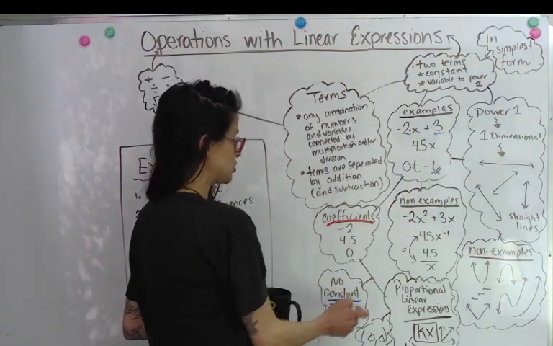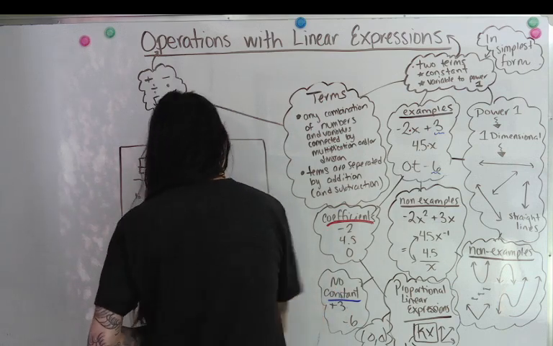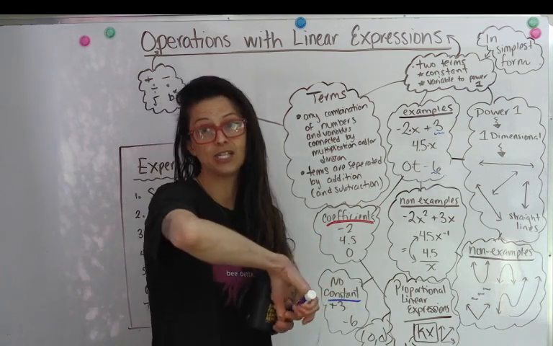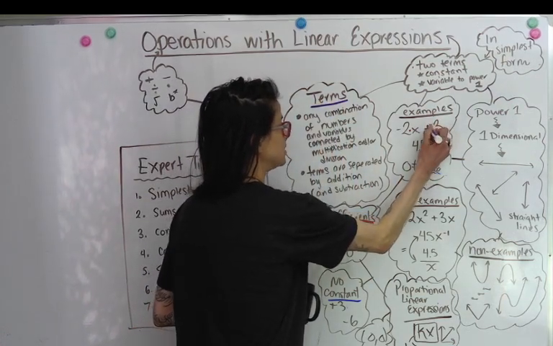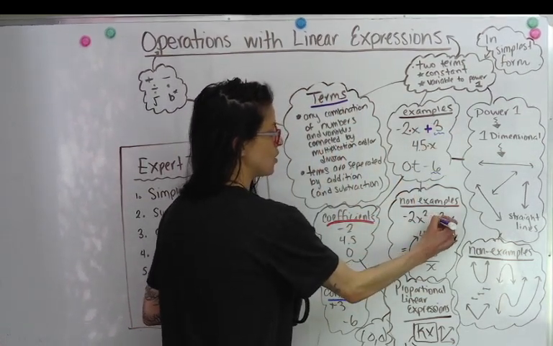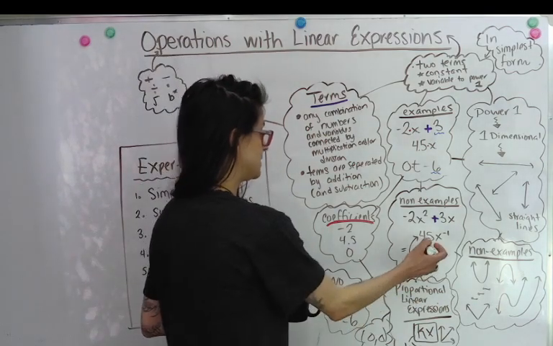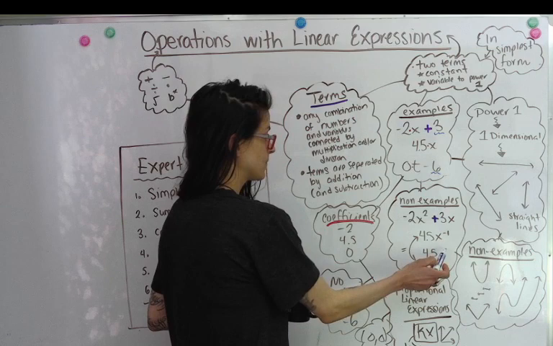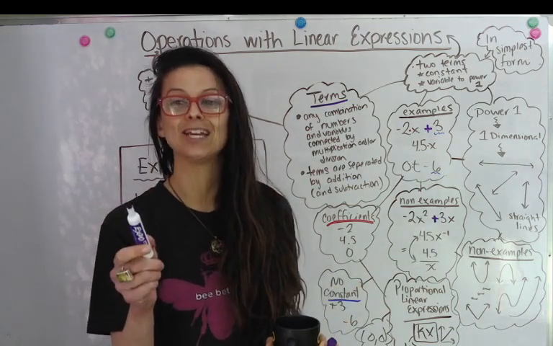So we have coefficients, we have constants, we have terms. Terms are separated by addition in an expression. So anytime there's addition, you know that that addition symbol is separating two terms. In this case, these are non-examples, but those are still terms, even though they're not linear expressions.